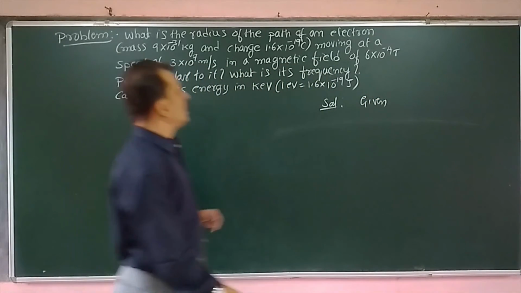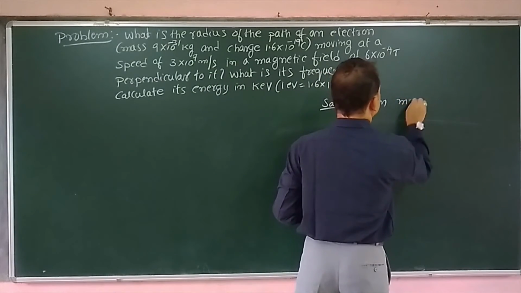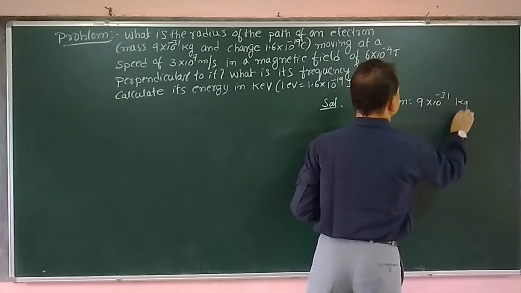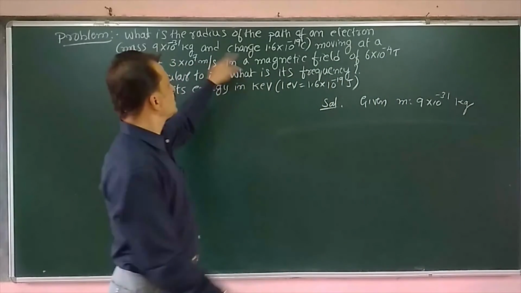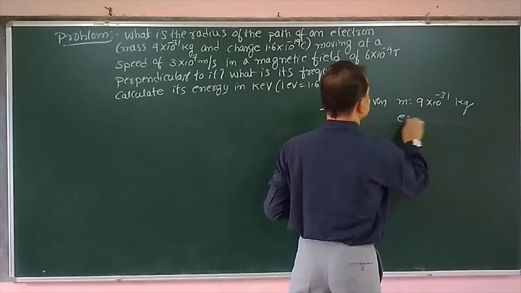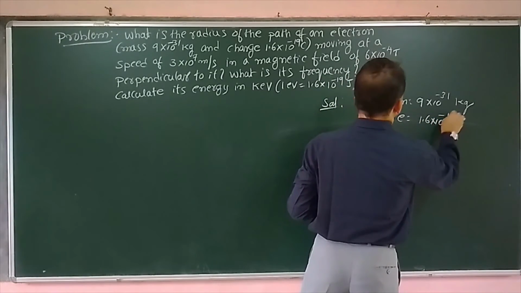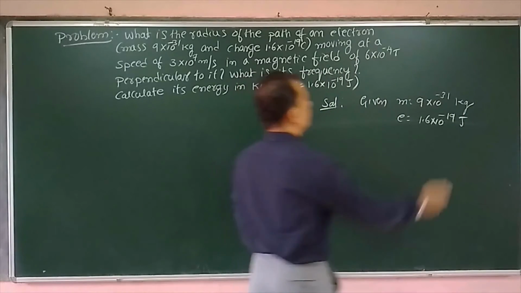Mass of the electron is given, therefore mass is equal to 9 into 10 to the power of minus 31 kg. Charge is given, therefore charge e is equal to 1.6 into 10 to the power of minus 19 coulomb.